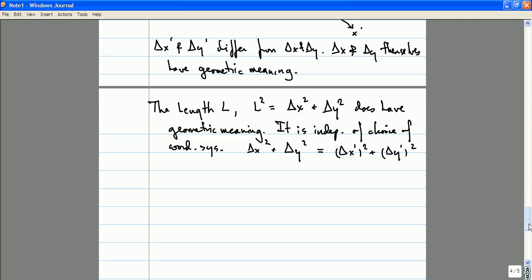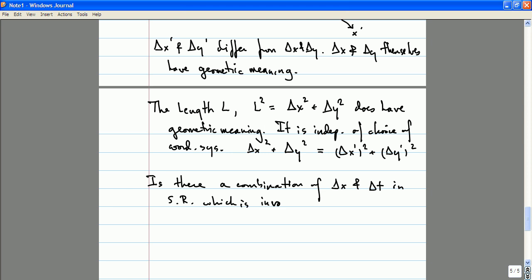So the question that we then want to ask is, is there a combination of delta x and delta t in special relativity which is invariant under the choice of observer, i.e. under Lorentz transformation?